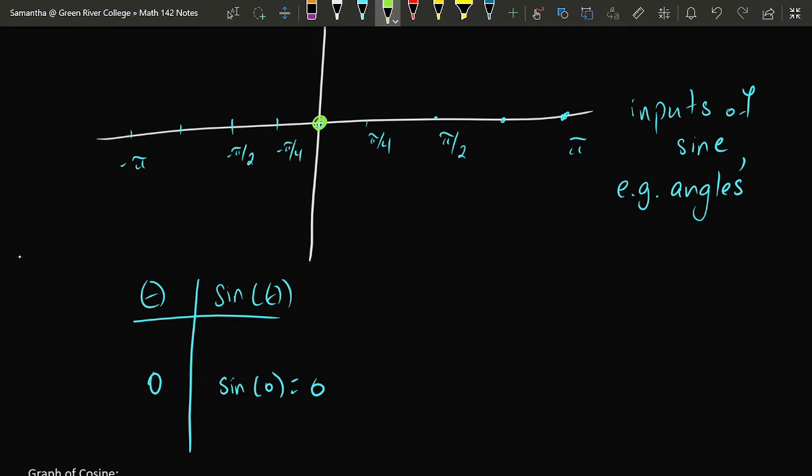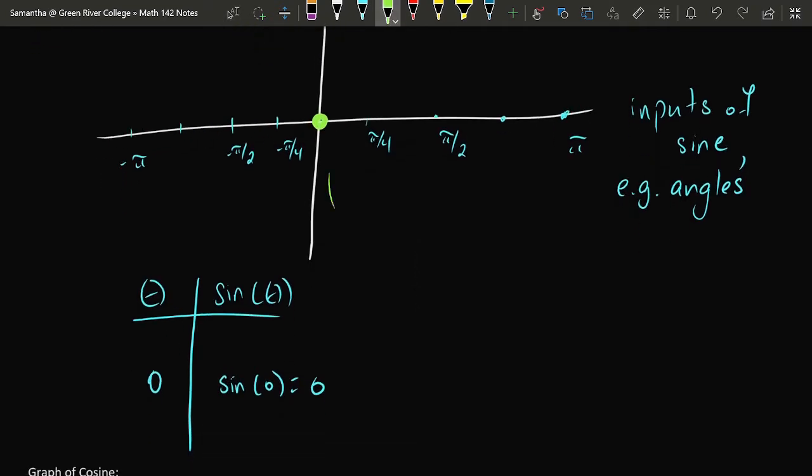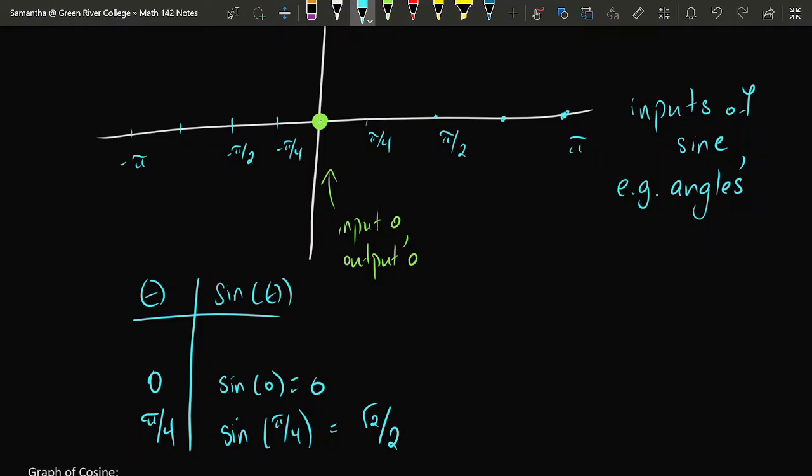So I would plot the point 0, 0 on the graph of sine to say, hey, input is 0, and at that location, sine outputs 0 as well. If I plugged in, for example, the angle pi over 4, then sine of pi over 4 is equal to the square root 2 over 2, which is roughly speaking 0.7.